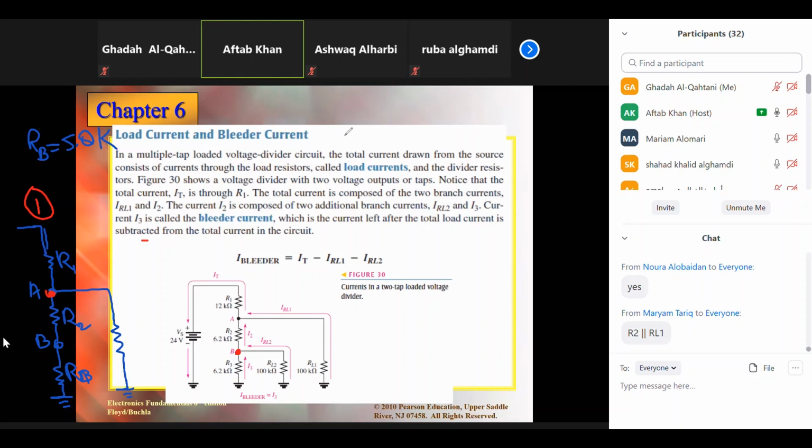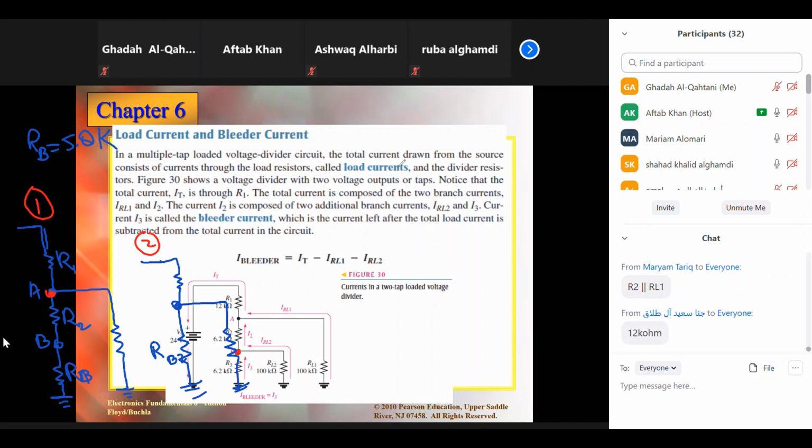So, second step. I'm using blue color again. I'm just leaving the battery portion. It should be clear what I am drawing. This is A. And here now we will have a single resistance and another one is this one. Let's say this is RB2.